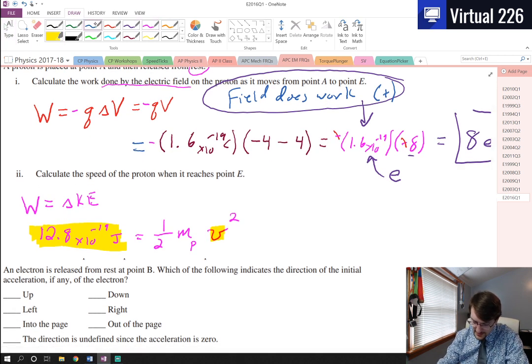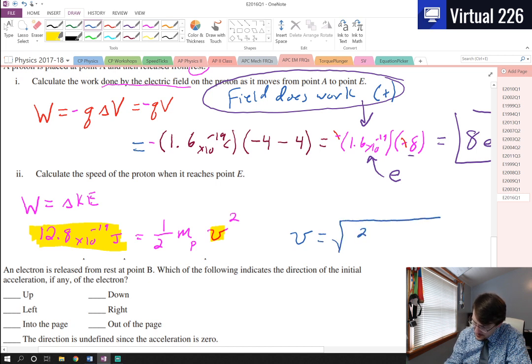So working this out in the math, we'll multiply by 2 and then divide by the mass of the proton. So the velocity is going to equal the square root of 2 times the work, the 12.8 times 10 to the minus 19, all over the mass of the proton, which is 1.6 times 10 to the minus 27 kilograms, nice SI unit.